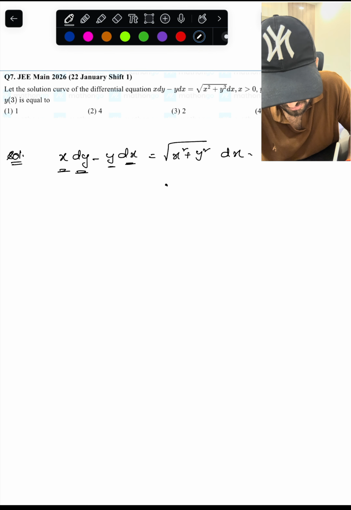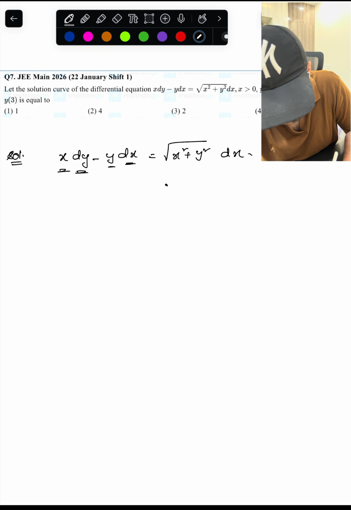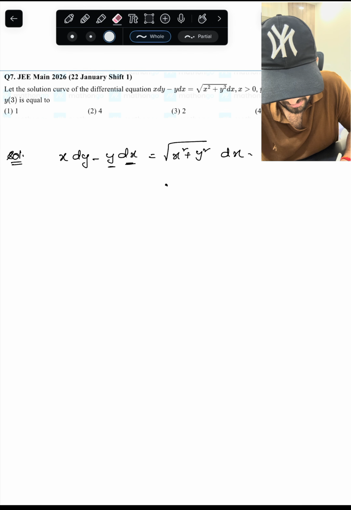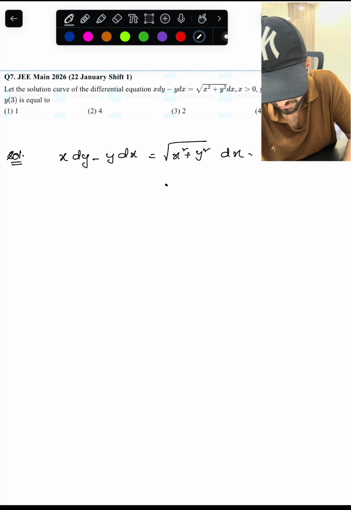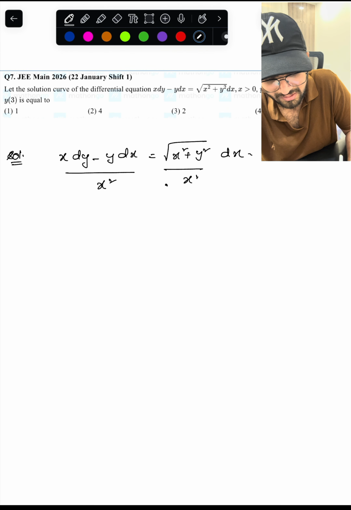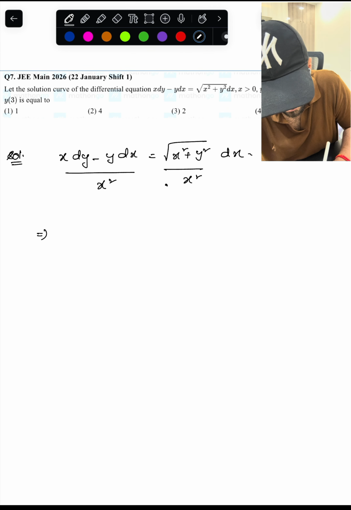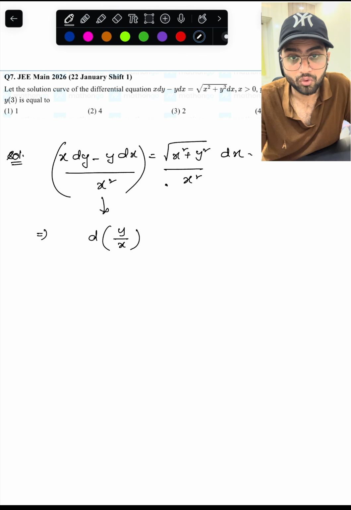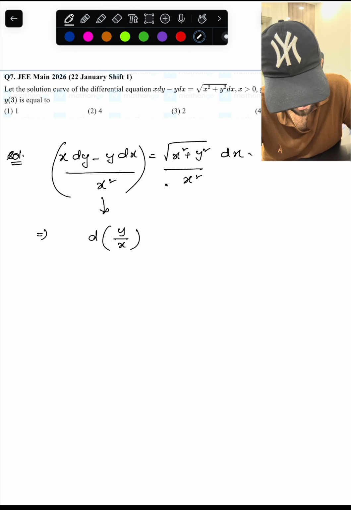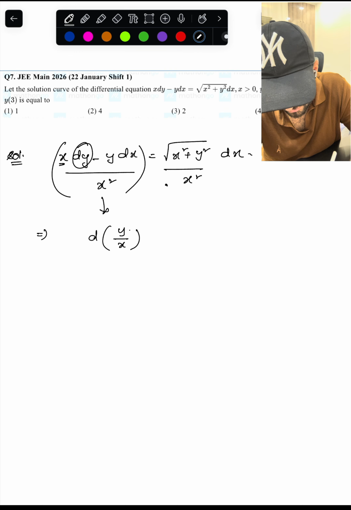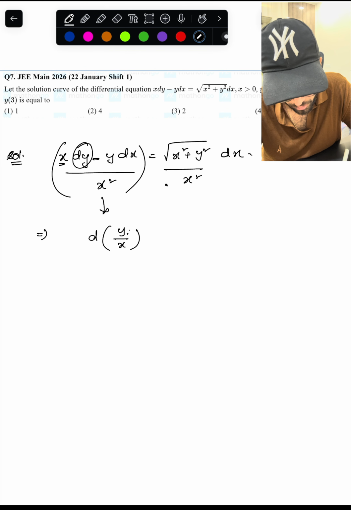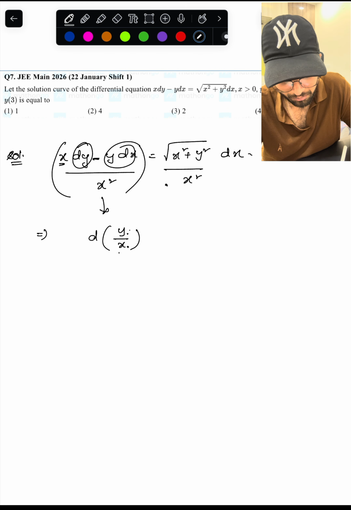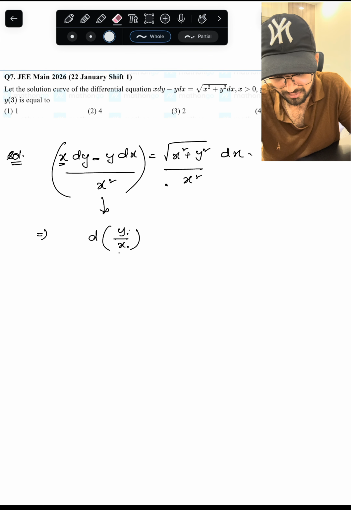So I want to convert it in terms of its exact differential. So I will divide by x square on both sides. After doing that I can take this as d of y by x. Why? Because d of y by x means dy into x minus y into dx by x square, the u by v rule you can follow.